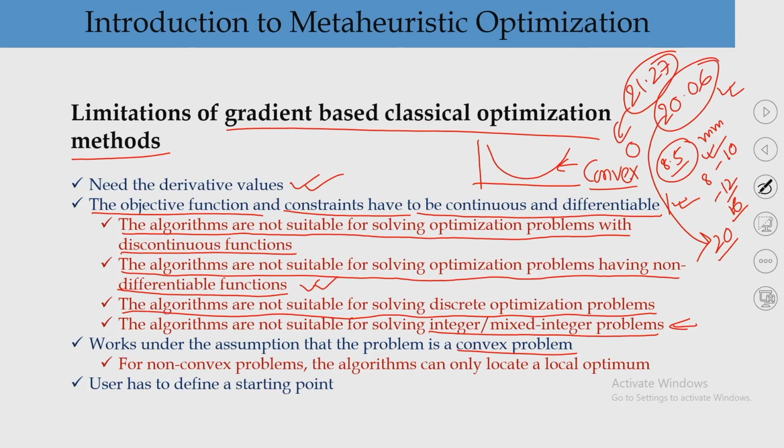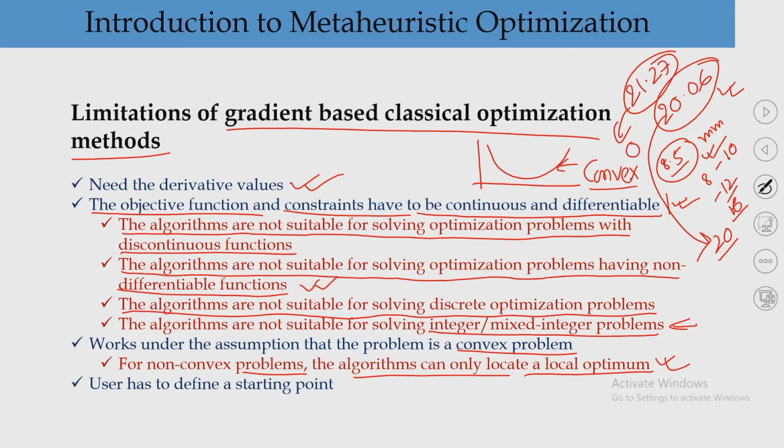I have already explained that when we derive these algorithms, we say that the function is a convex function, so we have only one optimal solution. We have already discussed what a convex function is and what non-convex functions are. So the entire problem is assumed to be convex. For non-convex problems, the algorithm can only locate a local optimum. You can apply these algorithms on a non-convex problem, provided the function is continuous and differentiable, but you will get a local optimal solution of the problem.